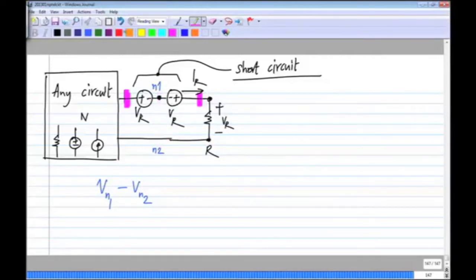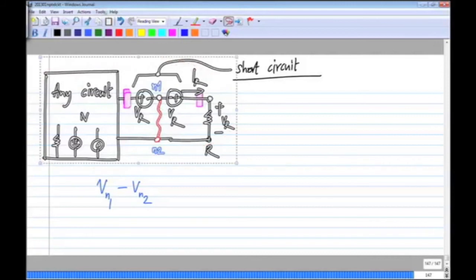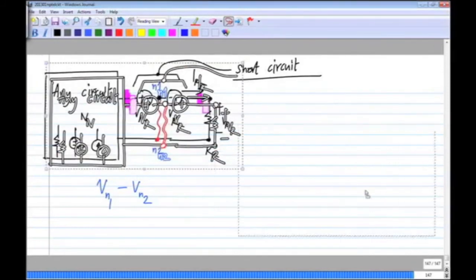Now given that they are at the same voltage, what I can do is connect them up like that. Okay. So my circuit becomes, I will redraw it slightly differently.